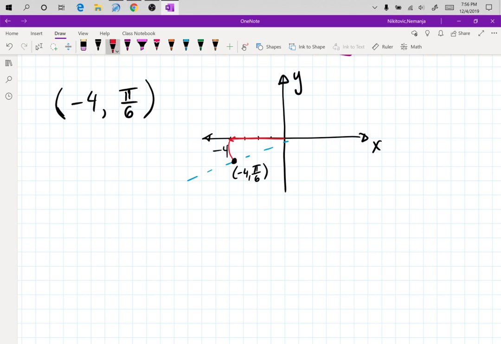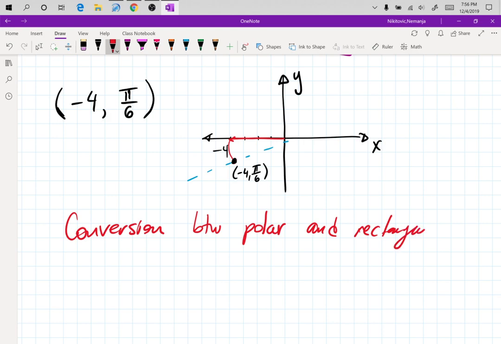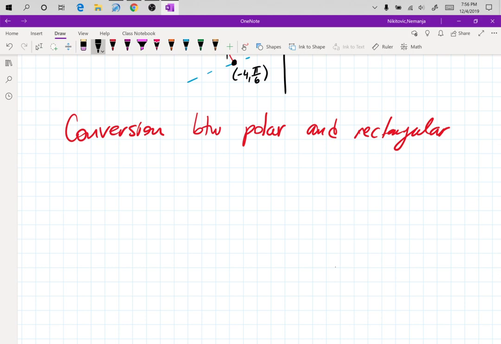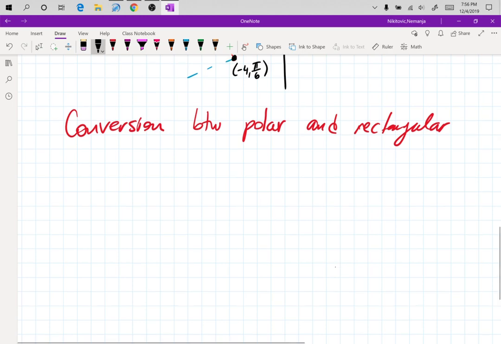So now we want to learn about the conversion between the polar and rectangular worlds. And there are two sets of two formulas, obviously, and you can either memorize those or you can derive them very simply. Let me show you the way to get this.